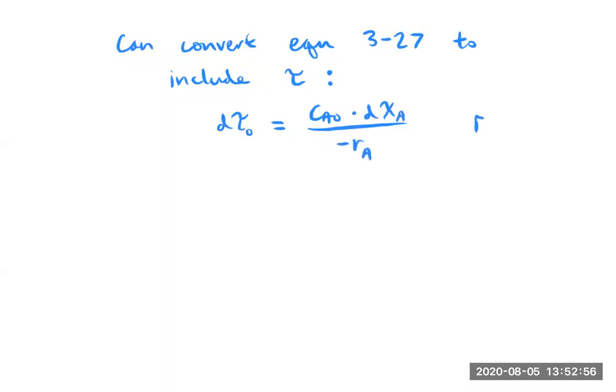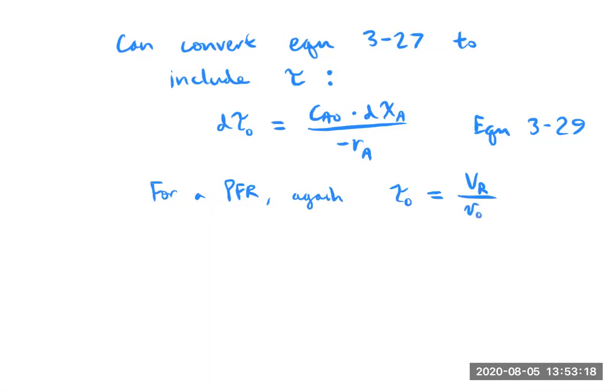This is equation 3-29 in your book. And a couple of things here. For PFR, again, tau naught, the residence time, has the same definition of your volume of your reactor over your initial volumetric flow rate in.